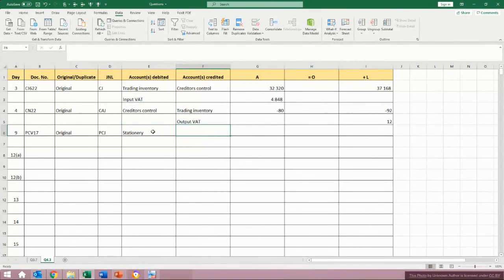What are we crediting? Where did we take the money from? So where's the money coming from for the stationery? Okay, so petty cash. Where do you think the VAT component is going? Is there VAT on stationery? Yes or no?